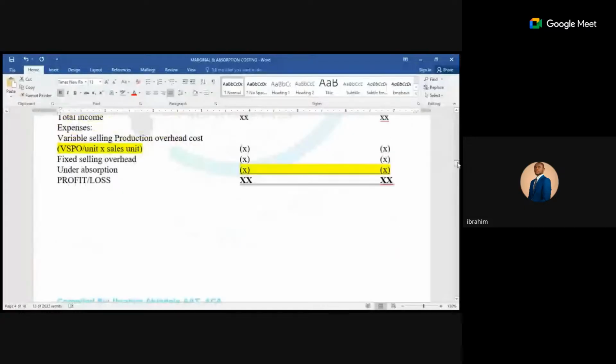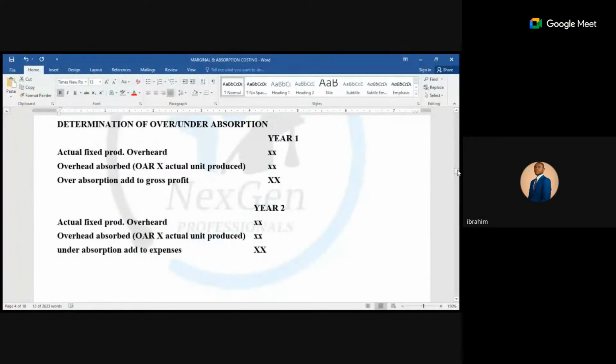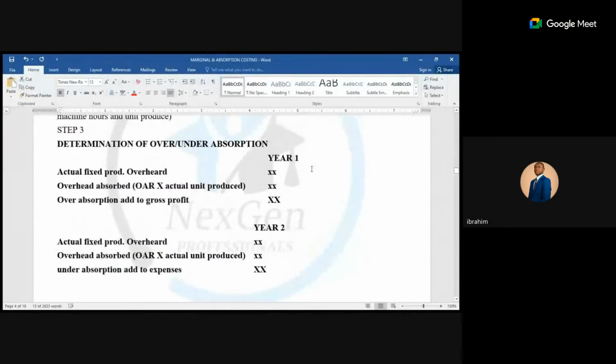Now, a practical illustration. You budgeted your actual fixed production, the cost that you eventually incurred maybe is 15 naira.